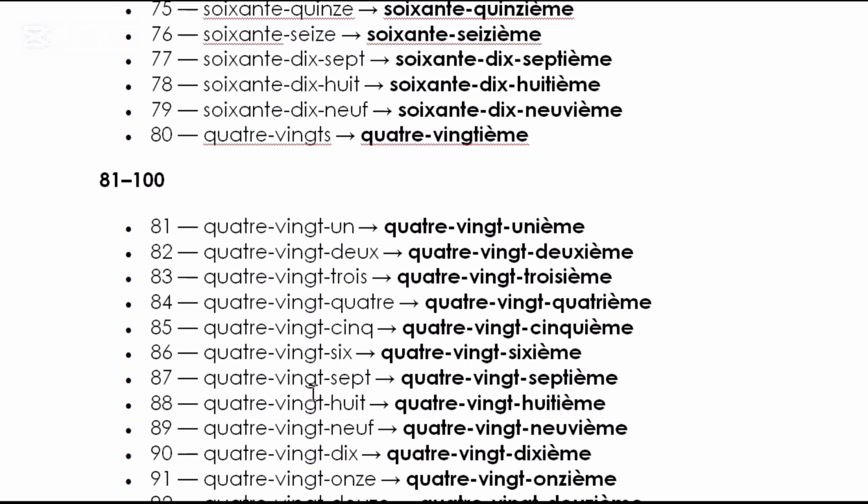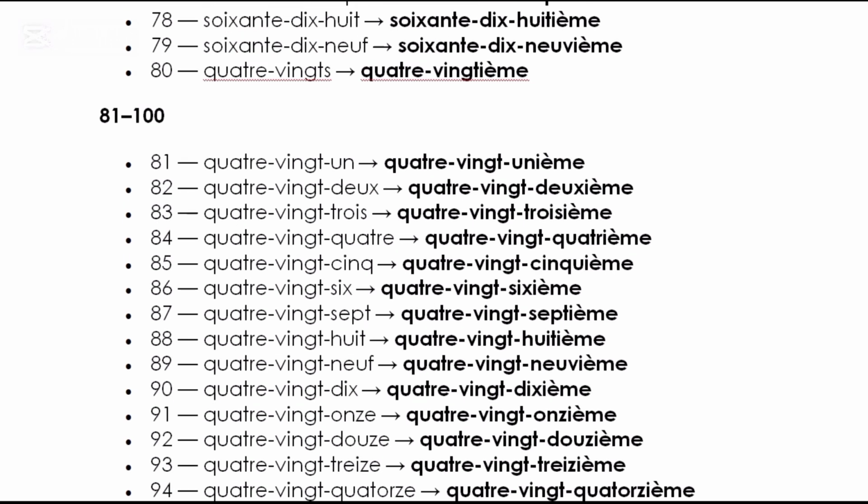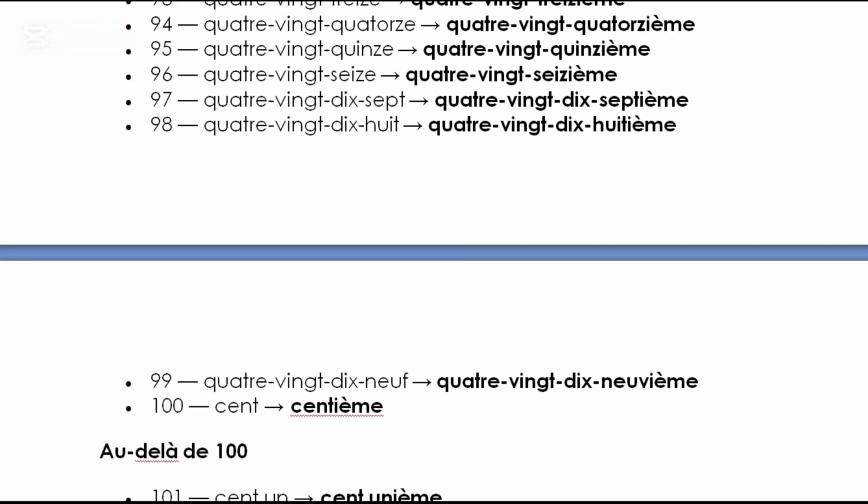Like that. 97. What is 97? It will be 97e. 98e. 100 will be centième.